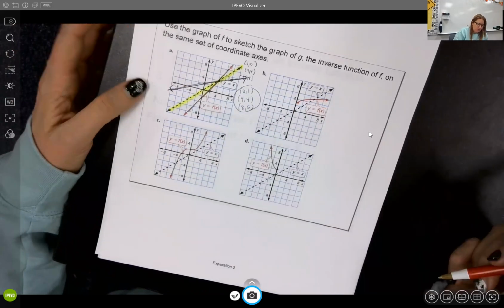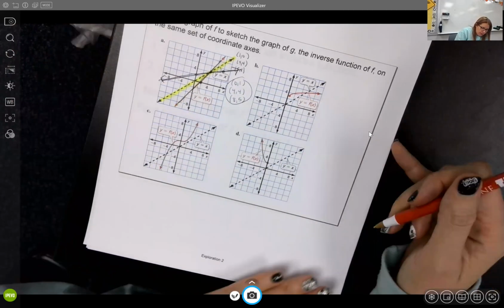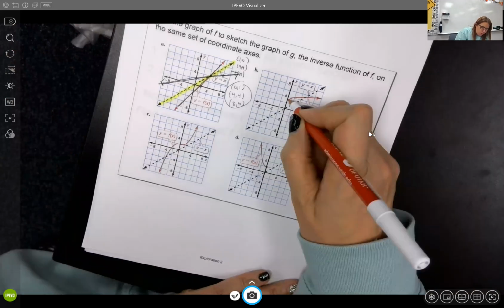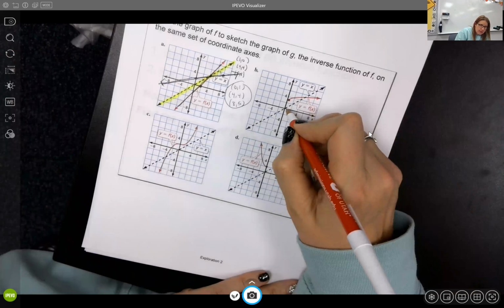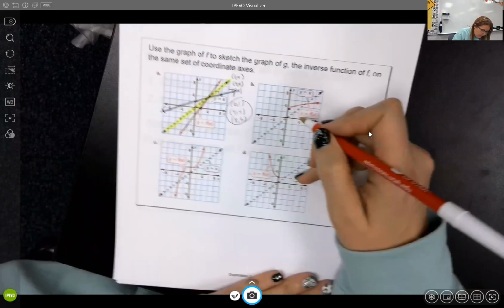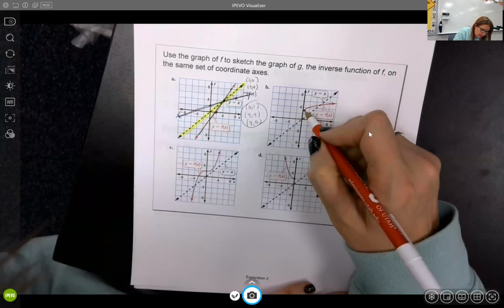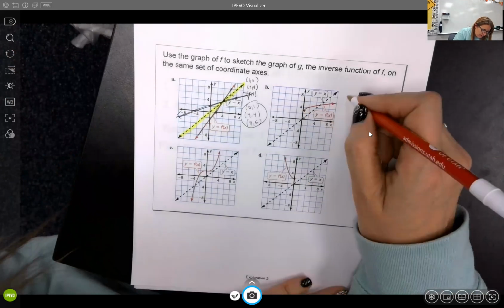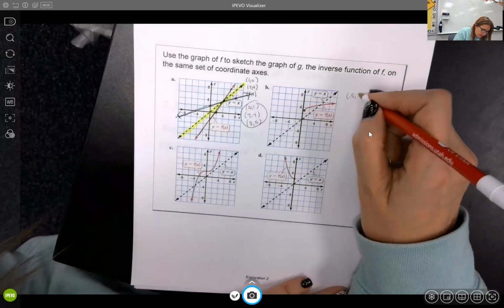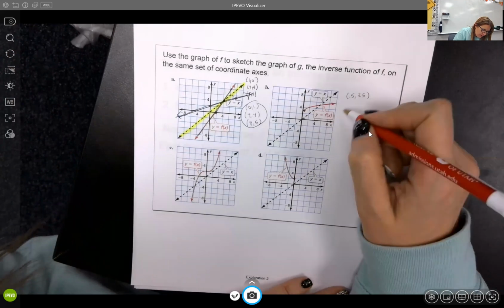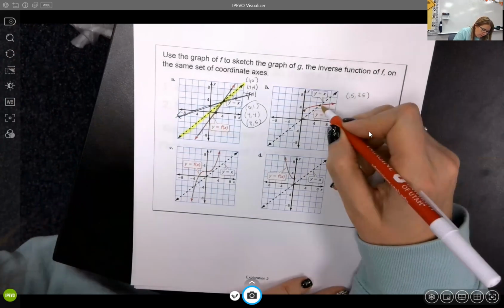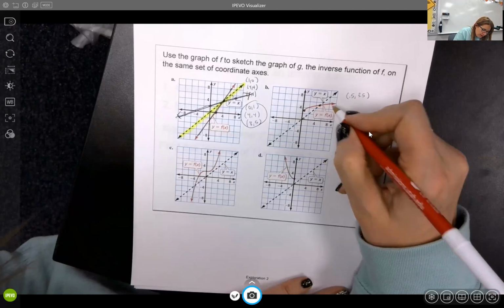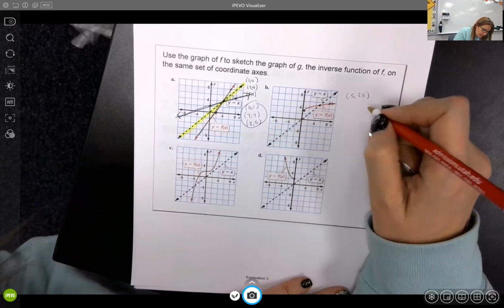Okay, let's do this one. So here I've got a point. It's not quite 0, and then it's up to like 3.5. So let's say 0.5 and 3.5. And then we have this point that's on the line, so I don't need to actually write that down. It'll be the same one. And then we have this point, which is 8 and 6.